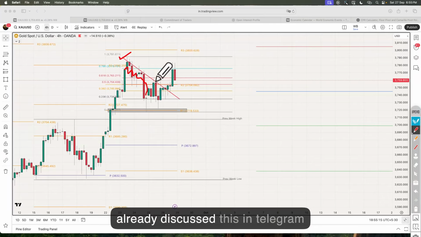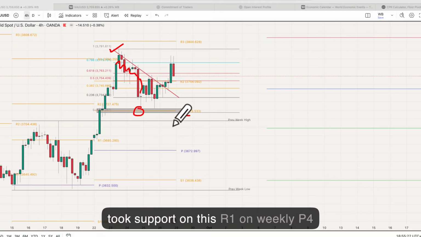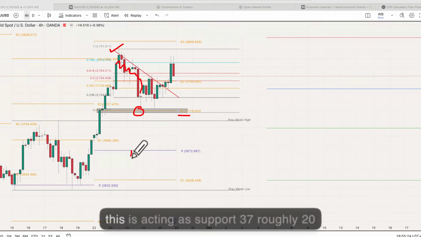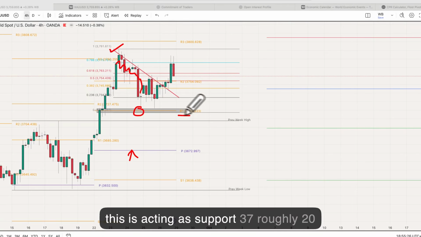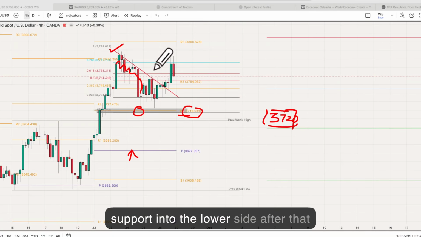We already discussed this in the Telegram channel also, but price, you can see, took support on this R1 on weekly pivots. This is acting as support, roughly 3720. So yes, 3720 is currently the major support on the lower side.